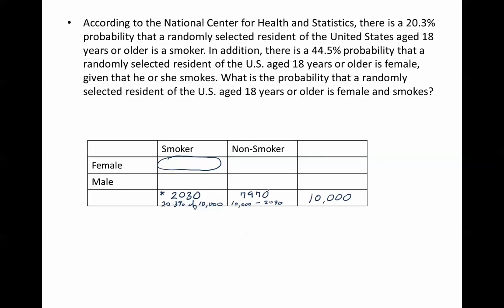Okay, let's see what else we can fill in here. We have got the 44.5% probability that a randomly selected resident of the U.S. is female, but given that he or she smokes. So this now is females, but only out of the total population that smokes.